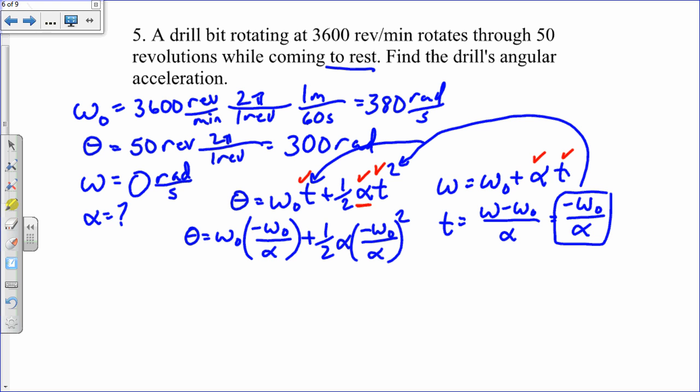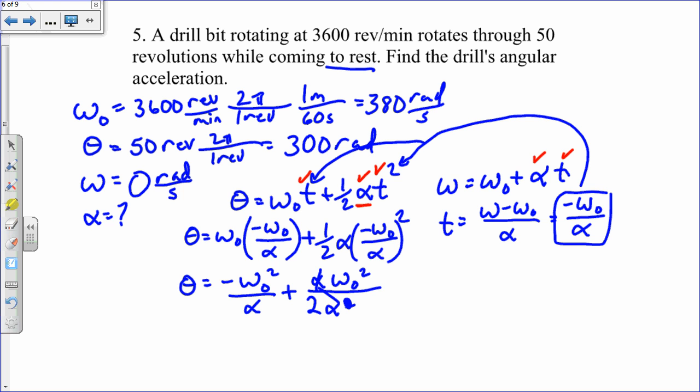Pardon me, I had a mistake in my notes. So theta equals minus omega naught squared over alpha plus alpha omega naught squared over alpha squared over 2. So the negative went away because it's squared. Now I can get rid of this alpha here and one of these. Notice that I have a common denominator.